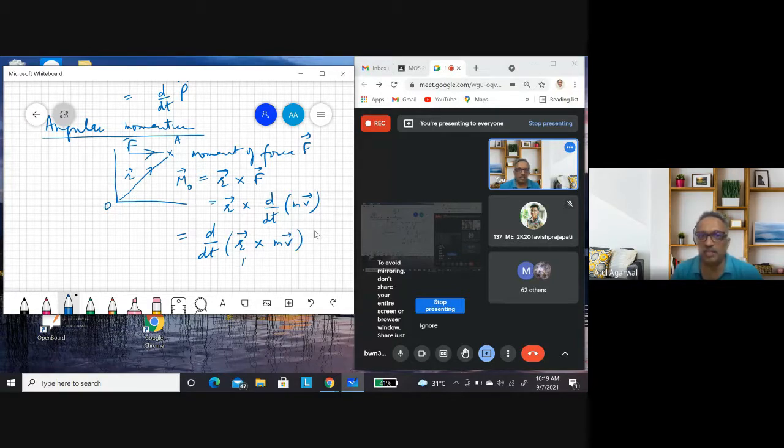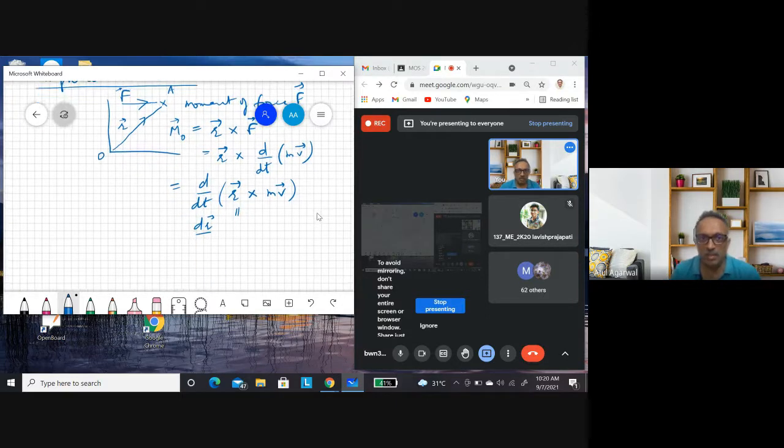If you expand this term, using the product rule of differentiation, it is dr by dt cross mv plus r cross d by dt of mv. So the first term is nothing but velocity cross mv.